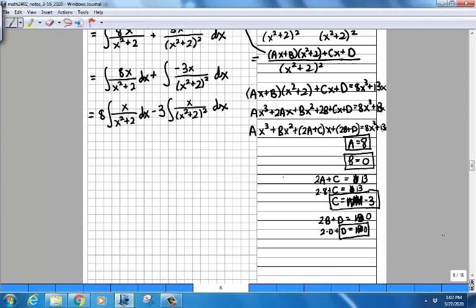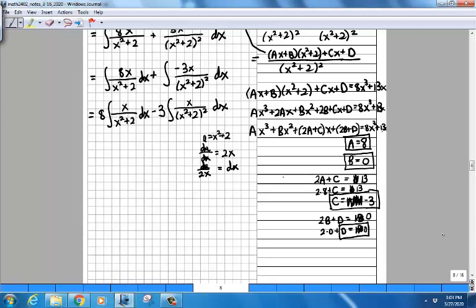So I'm going to use substitution, and in the usual fashion, I'm going to let u be equal to the denominator here, which is, of course, x squared plus 2. So that means du dx is 2x, right? And now when we solve for dx, of course, we get that dx is equal to du divided by 2x.